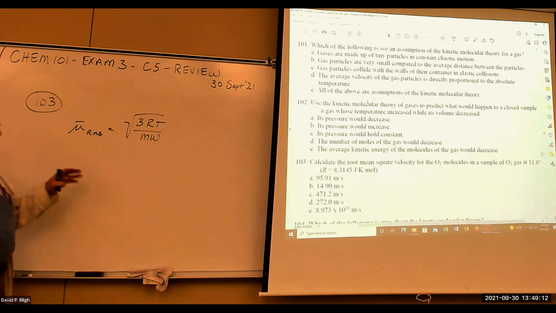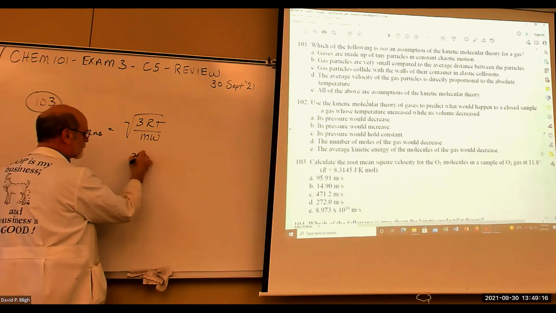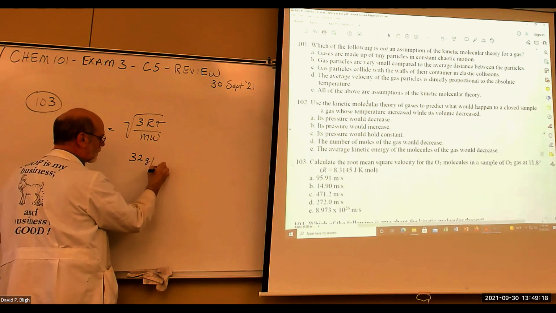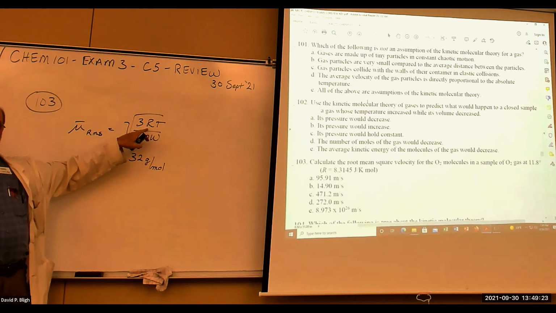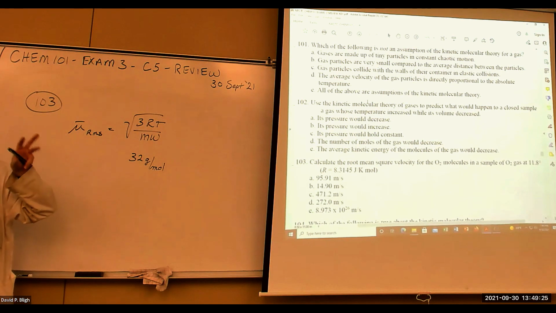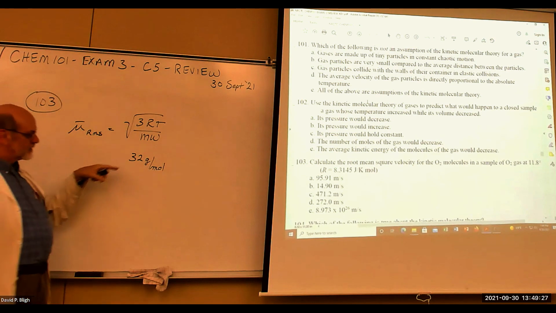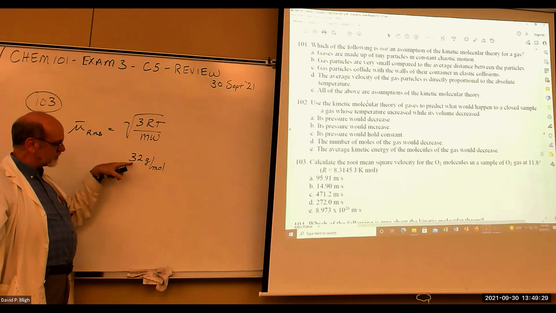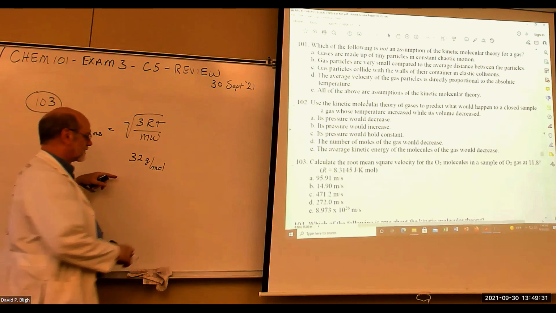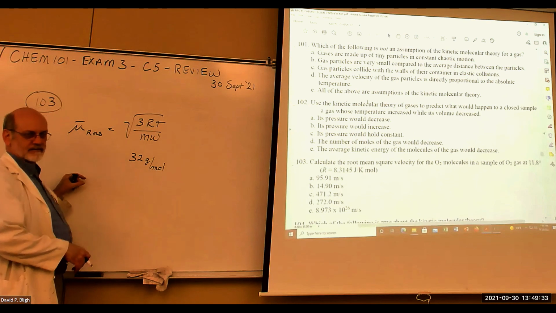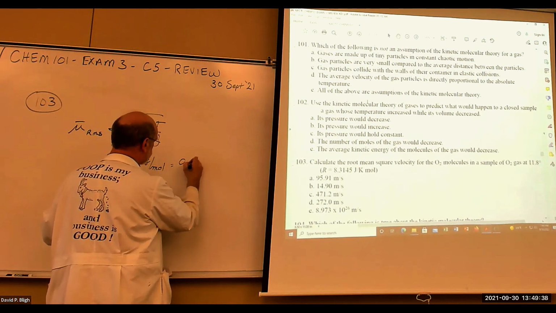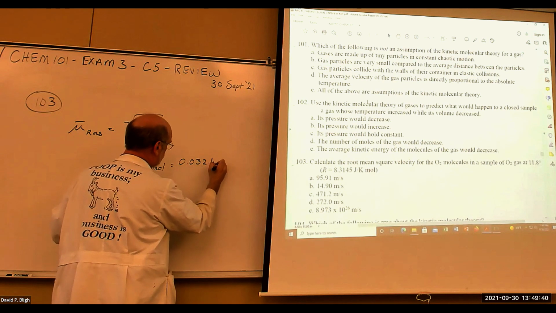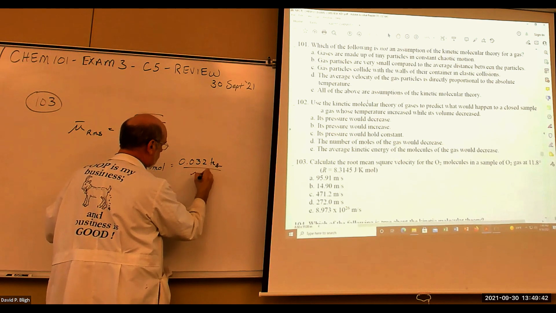So what's the molar mass of oxygen? It's 32 grams per mole. But remember, R has buried within it kilograms. So we got to change this one from grams to kilograms. So which way does the decimal move? Goes to the left, right? 3. So this is actually 0.032 kilograms per mole.